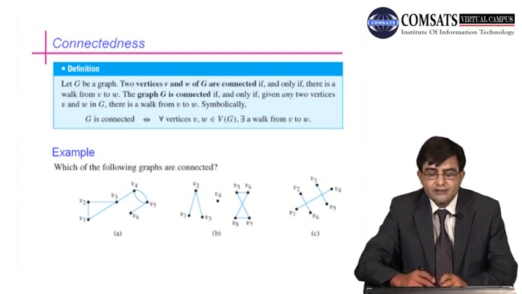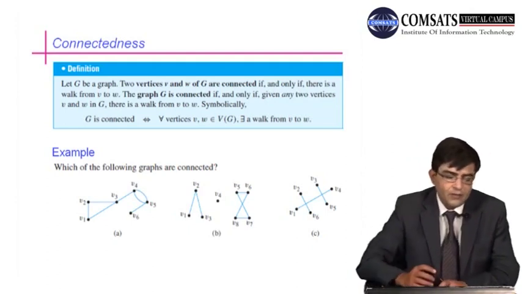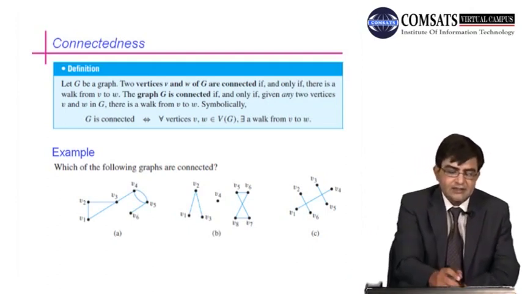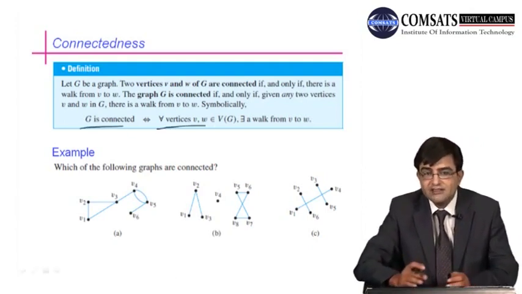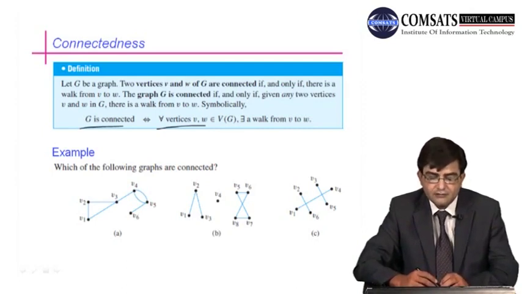The graph G is connected if and only if, given any two vertices v and w in G, there is a walk from v to w. Symbolically, we can say that G is connected if and only if for all vertices v and w, that is, if we choose any two vertices from the set of vertices of that graph, v, w belong to V of G, there is a walk from v to w.